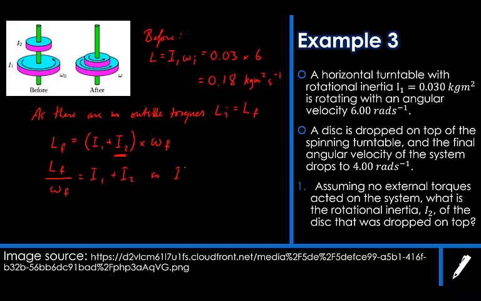So I2 must be equal to Lf over omega f minus I1. And we know what all of these 3 things are, so we can figure that out. I2 is equal to Lf, this is equal to Li, which is equal to 0.18.